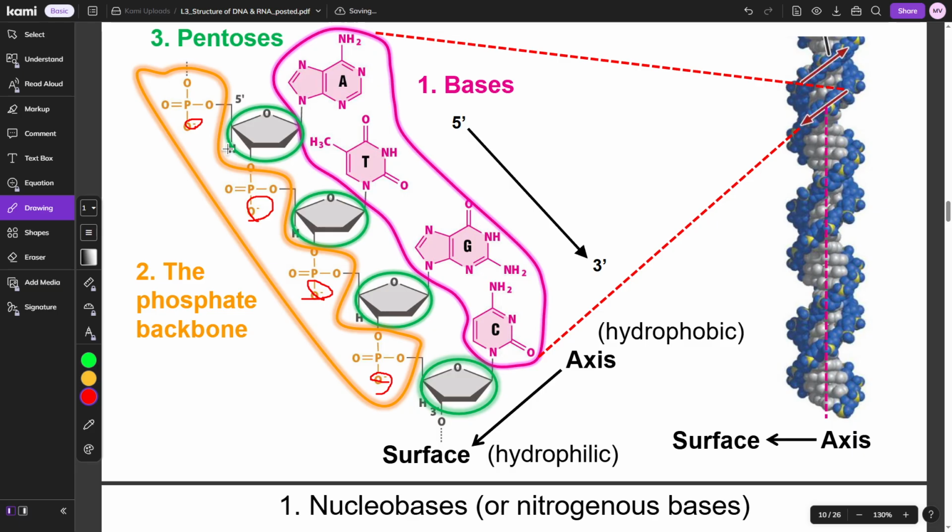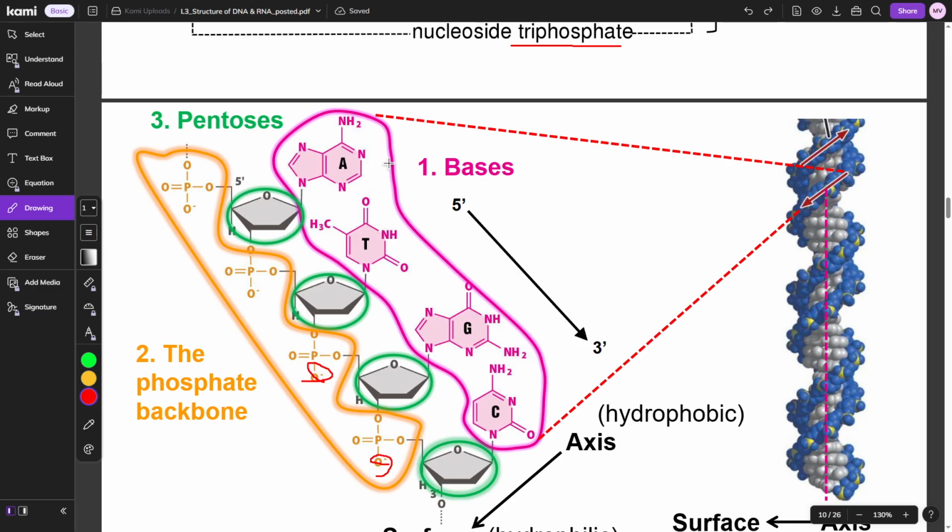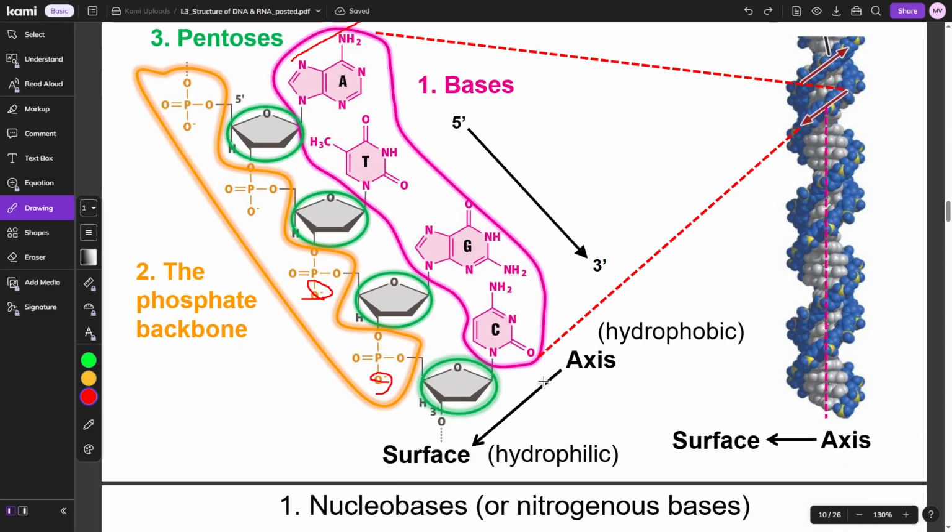So it's very negative, very hydrophilic. So the surface is going to be hydrophilic, and the internal area, the axis of rotation is what they mean by that, is going to be hydrophobic because of the rings that are there, these benzene rings, so to speak, or these aromatic rings.